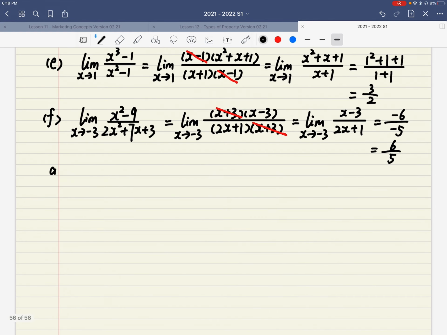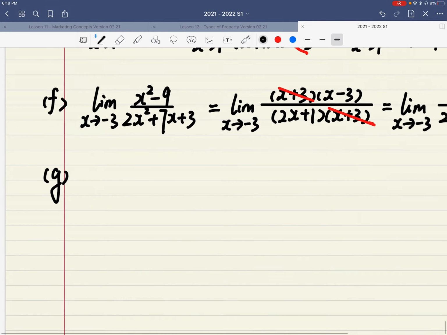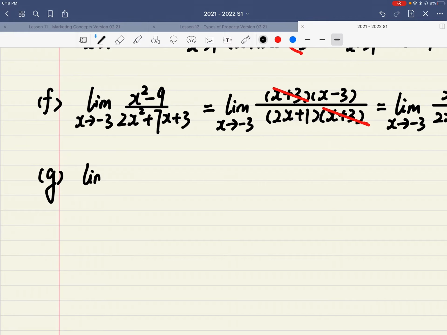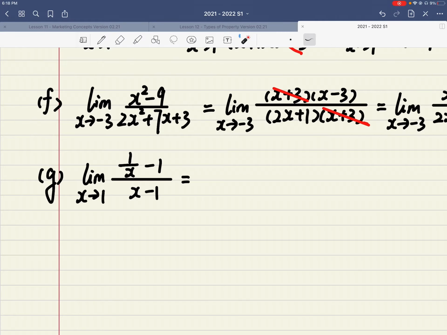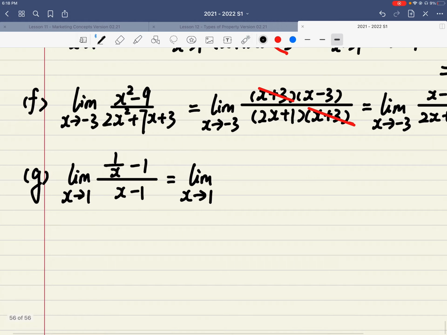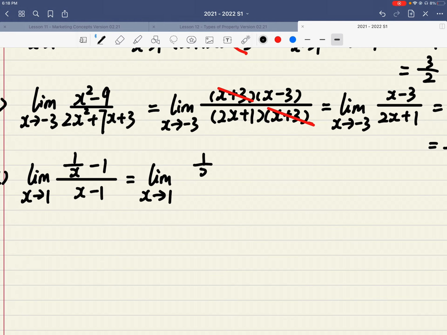Okay, part G. Limit as x is approaching 1 of 1 over x minus 1 over x minus 1. Okay, now, when x is 1, the bottom is 0, the top is 0. So here, what's the common factor? Here, the top is just 1 over x minus 1.